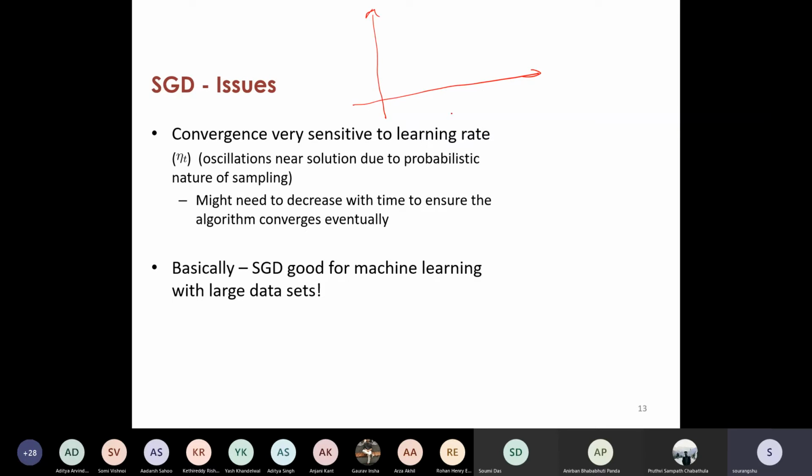Over the updates, the value of loss will be curved like this, and this noise is especially bad towards this end part. Why is this bad? Because you are using a noisy gradient. So that is the problem.